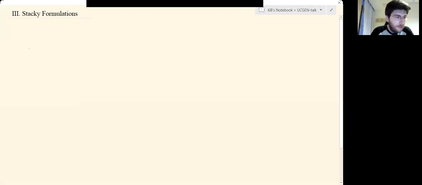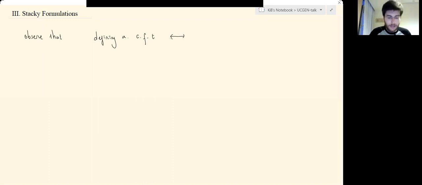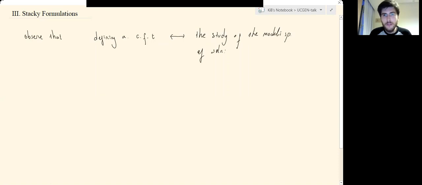In part 1, we observed that defining a classical field theory, which is an abbreviation and not a conformal field theory, corresponds to the study of the moduli space of solutions to the Euler-Lagrange equation.